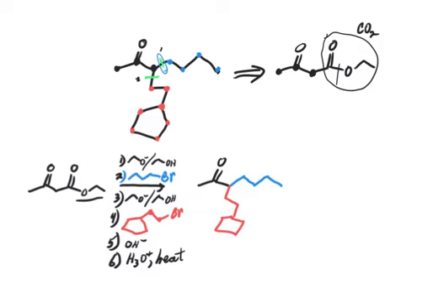All right, what I want to do is just real quick go through this one, showing you all the intermediates. So taking the acetoacetic ester, after the deprotonation, I wind up with the anion. I've deprotonated, so that'll be step 1.